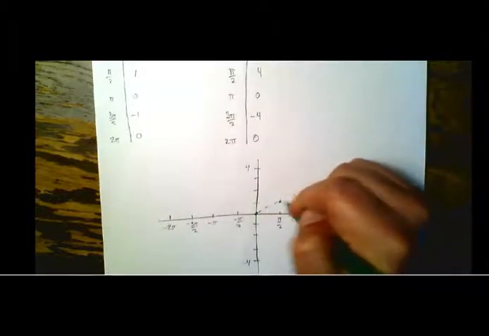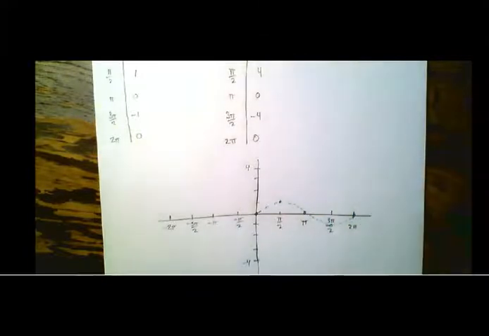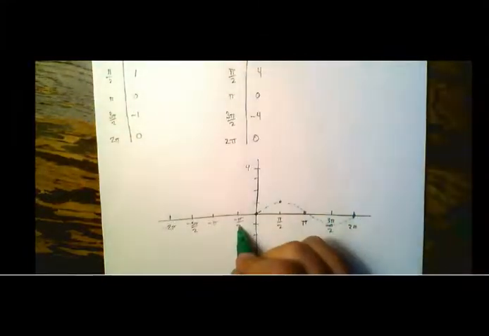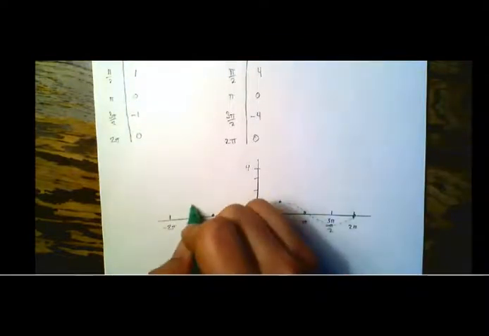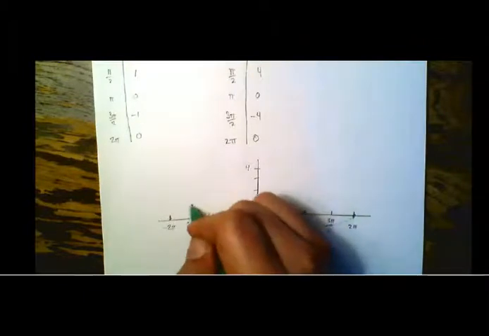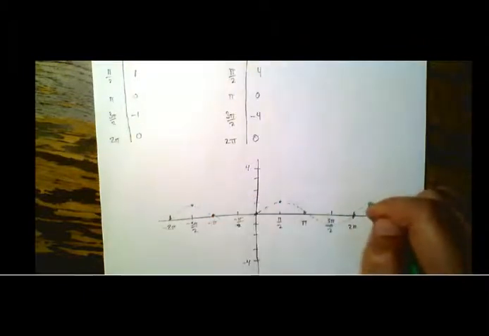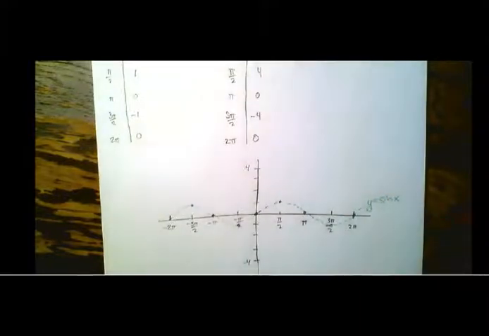So our basic sine curve looks like this, kind of collapsed a little bit. And of course it will go in the opposite direction, since it's periodic, looking exactly the same. In green here I have y equals sine x, the parent function for sine.